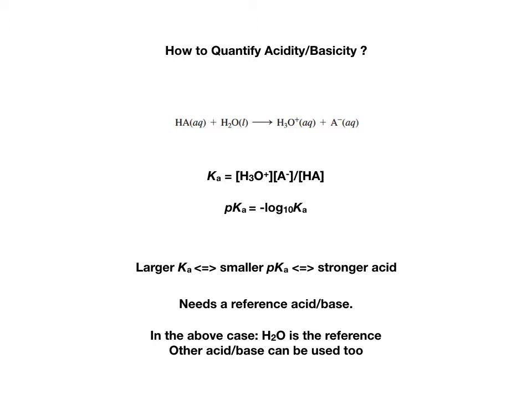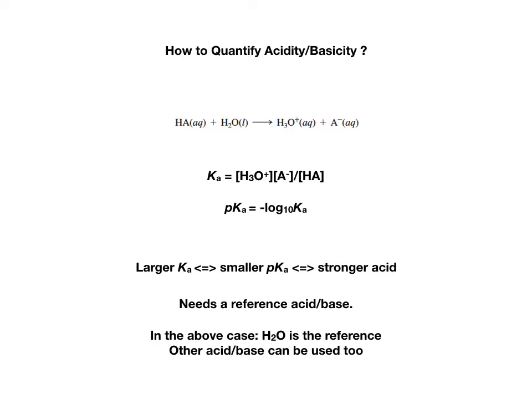One thing you notice is that the concentration of water is neglected here because it is a constant in dilute solutions. So typically, the concentration of water is not shown in the expression of the equilibrium constant.